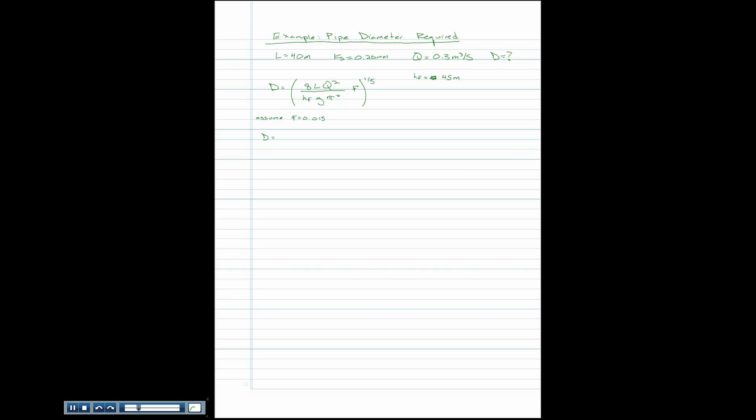Okay, so we'll substitute the values into that equation. 8 times 40 meters, our flow rate 0.30 cubic meters per second, squared. The head loss is 45 meters. g is 9.81 meters per second squared. Pi squared. And then this guess value of 0.015 to the 1/5 power.